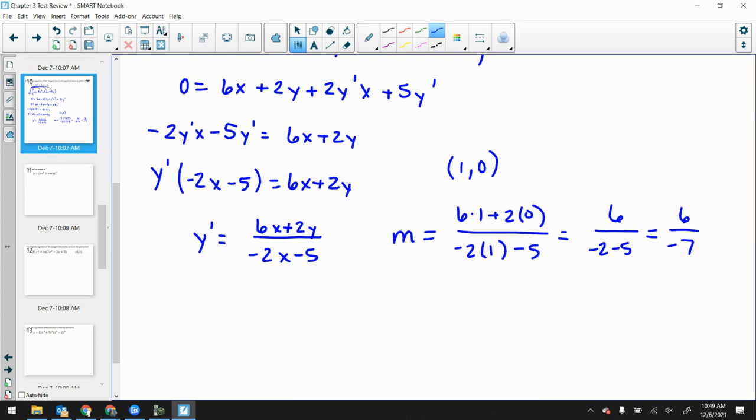That's my slope at that point, 1, 0. So y minus 0, oh, that's convenient. y minus 0 is equal to negative 6/7 times x minus 1. So y is equal to negative 6/7 x plus 6/7.